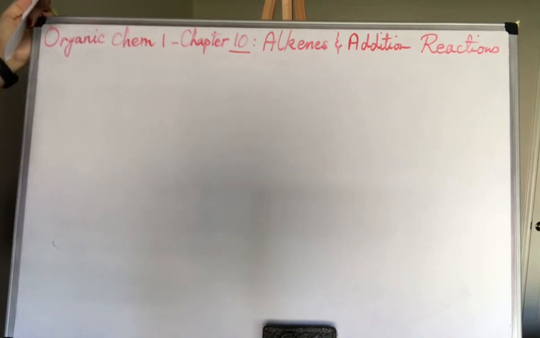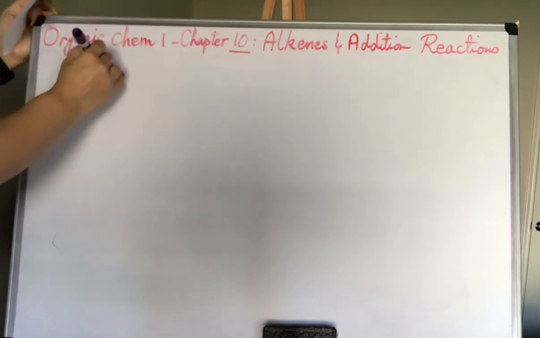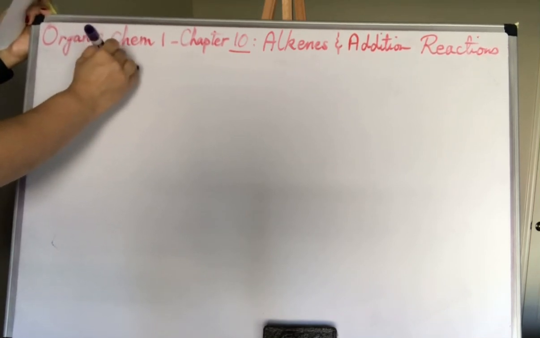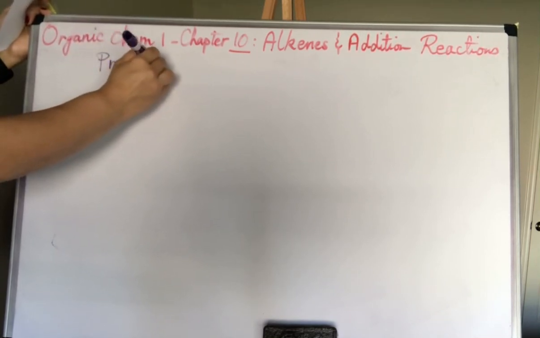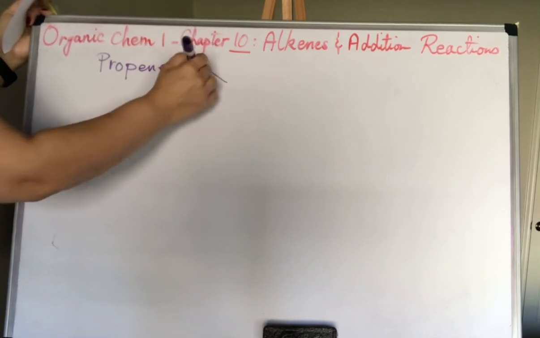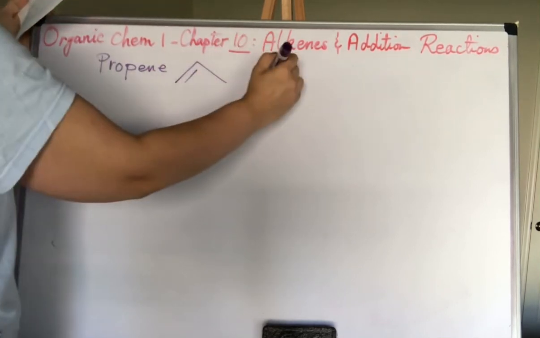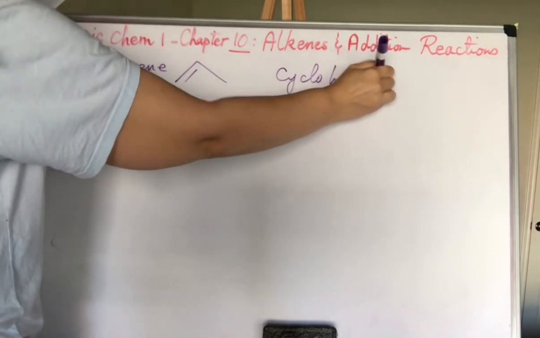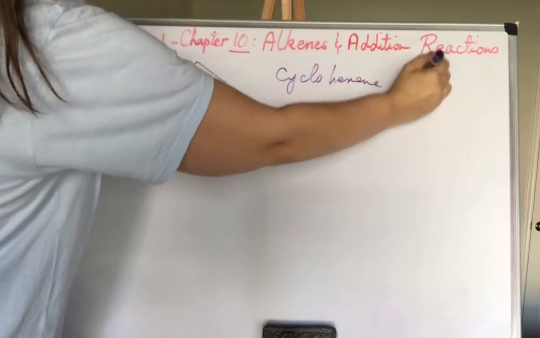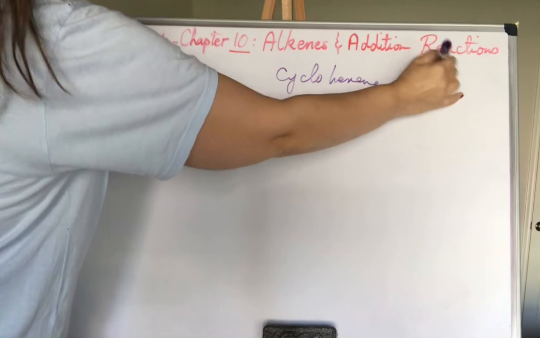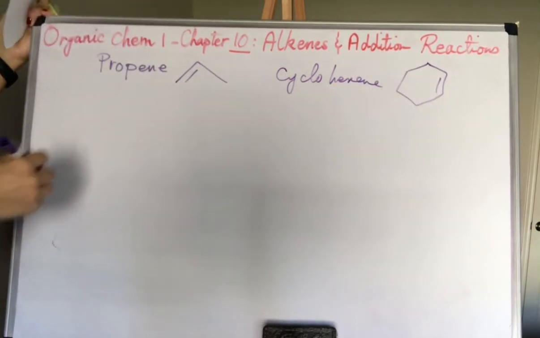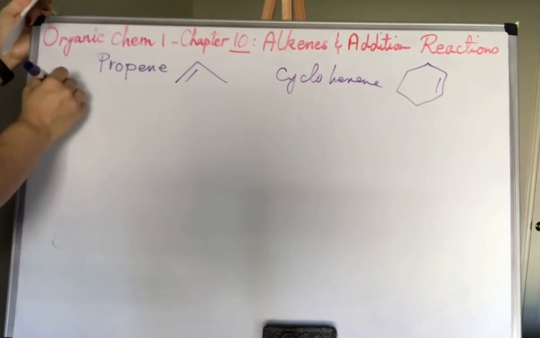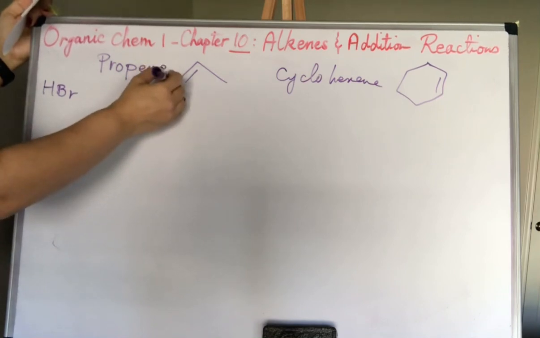So on the last page of this study guide, I just work on a few of the reactions. You have a propene, which is this compound, and you have a cyclohexene, which is this compound. So if you add HBr, you will add hydrogen.